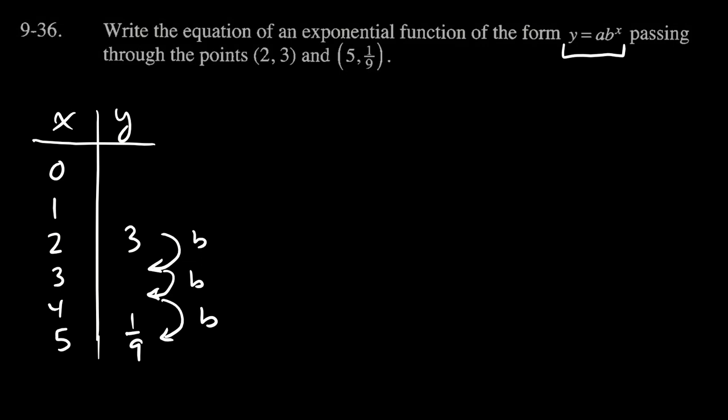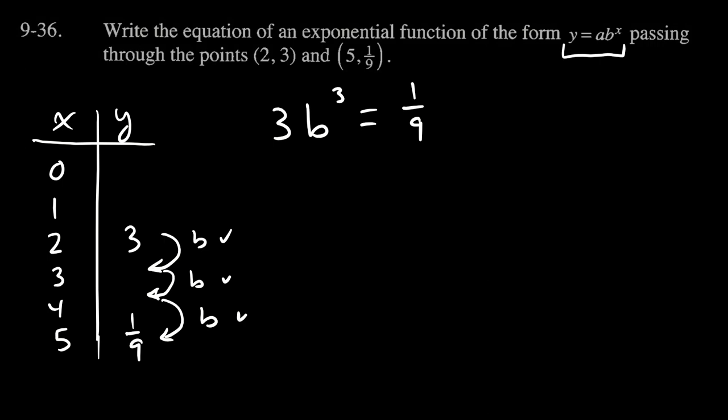So what is that value? That's going to be the first thing we want to find. And we know from this table of values that if I start at the value of 3 and I multiply by the number b 1, 2, 3 times, in other words, b to the 3rd power, I get the number 1/9.